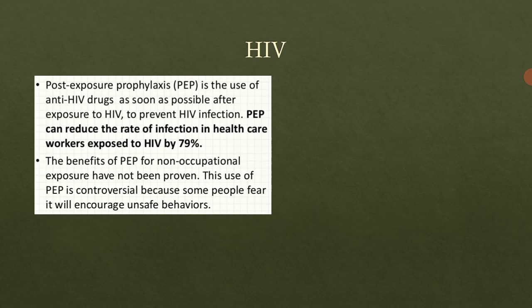Then we saw the medications, the two drug regimen and the three drug regimen. We discussed certain examples of important drugs, like which anti-HIV drugs are available for HIV infection.